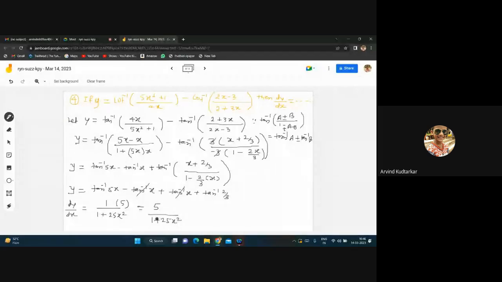So this is the correct answer for the given function. In the given function, there are two inverse trigonometric functions. You convert them into tan inverse, and we have the formula of tan inverse.